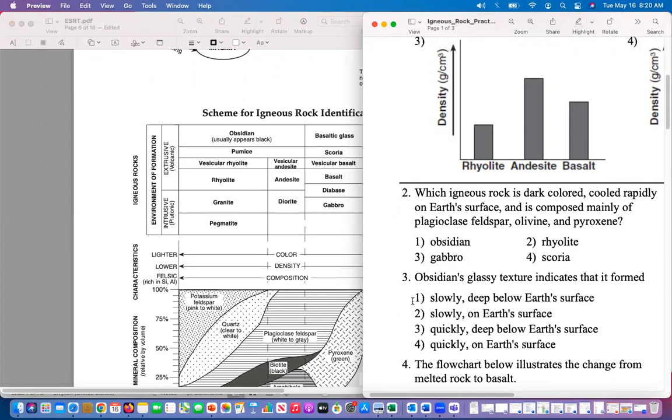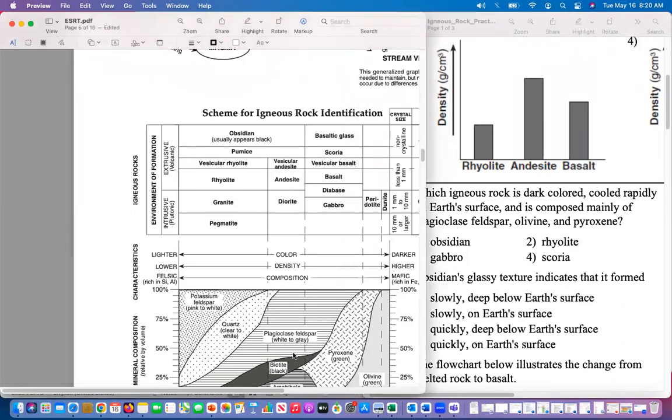So therefore, if it's dark colored, you see where it says color right here, right? The darker it is means that it has to be on the right side. So I know that it's going to be a dark colored igneous rock. So it can be any one of these so far. Now the fact that it says cooled rapidly lets us know it's what type of rock.